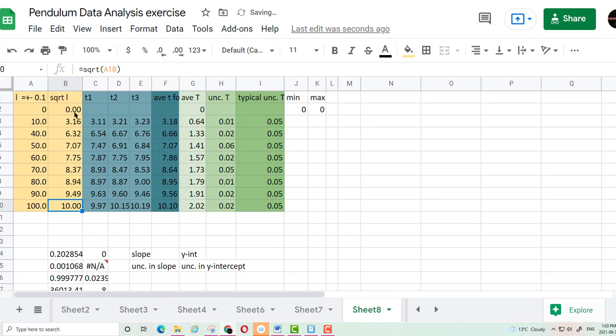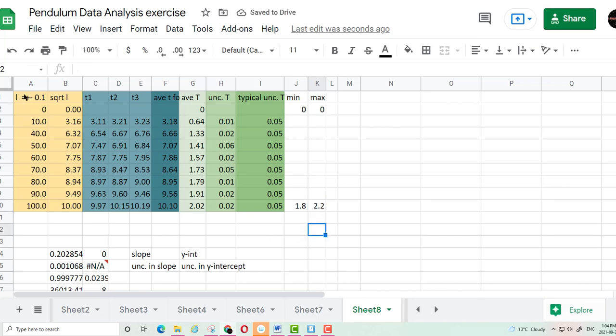When I get up to this last point, square root of L equal to 10, the bottom of the error bar crossed at y equals 1.8, and the top of the error bar crossed at y equals 2.2.